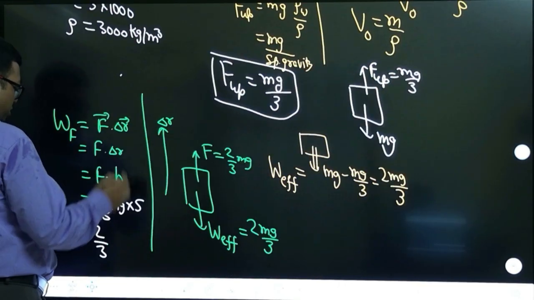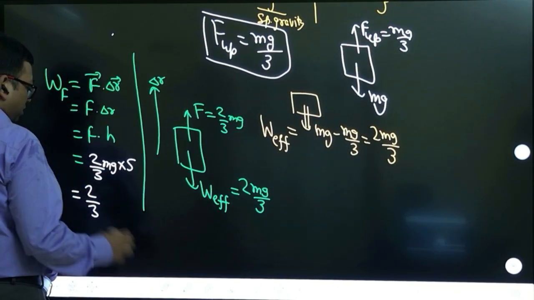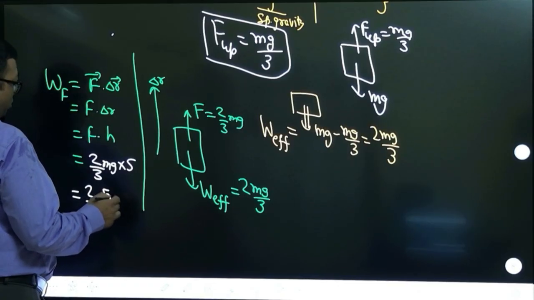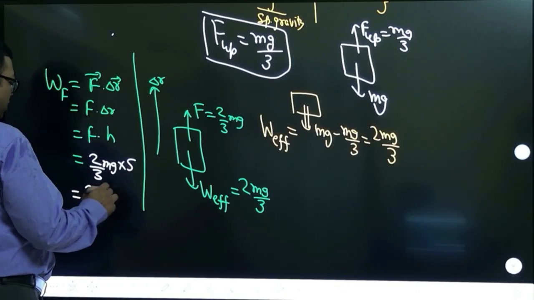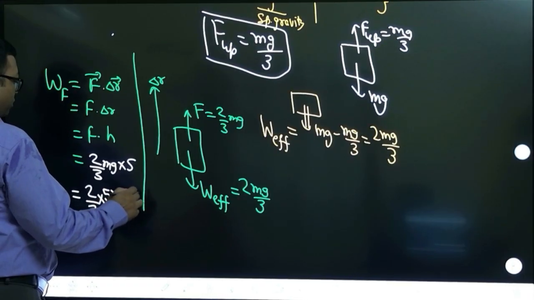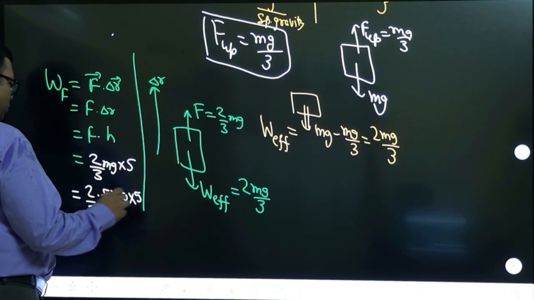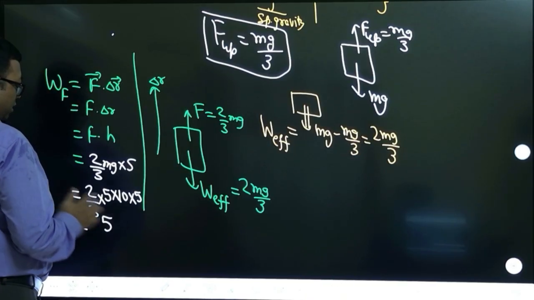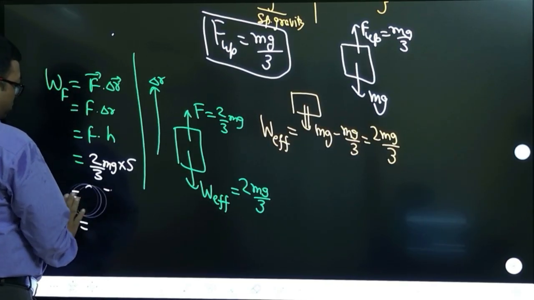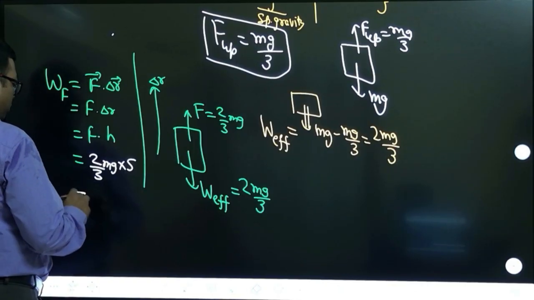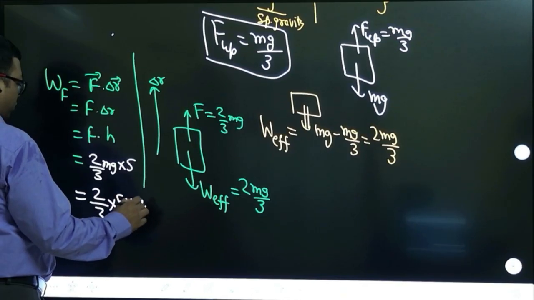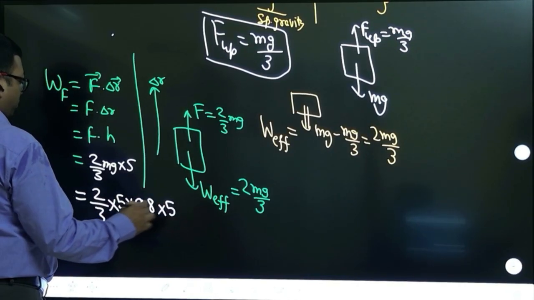What is g? If they don't give it, approximately you take g as 10 and calculate. Otherwise, you calculate exactly, with 2/3 into 5 into 9.8 into 5.